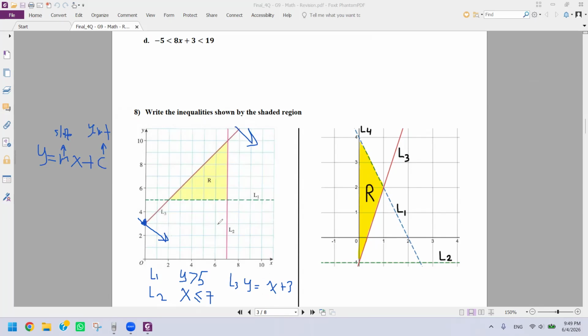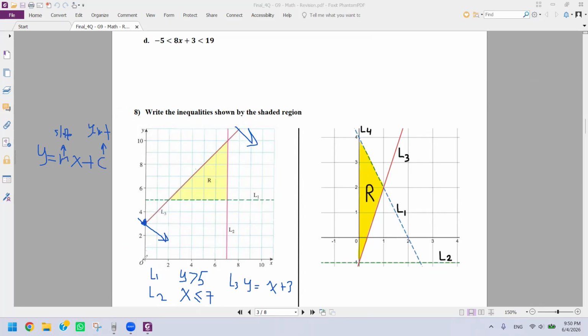So how do I make the inequality? So since the region is down, I always try to choose a random point and choose an easy point to check the region. The easiest point is always 0, 0. Is the point 0, 0 from the region? Yes, if that line is going down, 0, 0 is from the region.